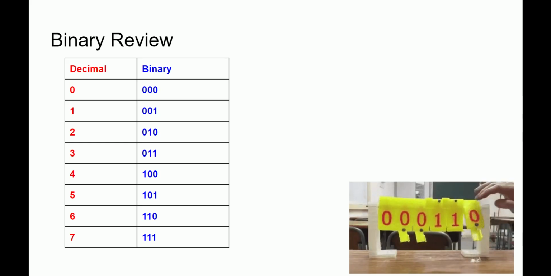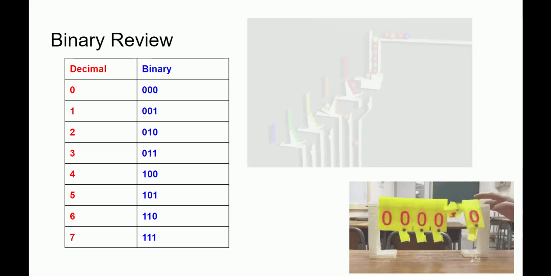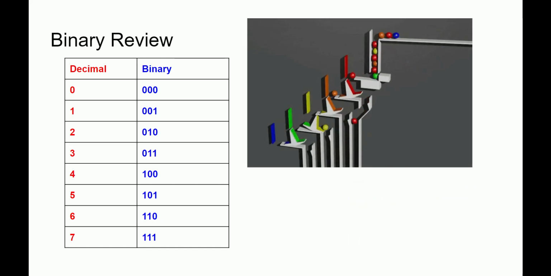So here's a quick reminder of how we viewed binary in the past, that ripple through method. So there's 4, 5, 6, 7, 8, and then back to 1. Another cool thing that I just found today is a more mechanical version of what we're going to be building today.